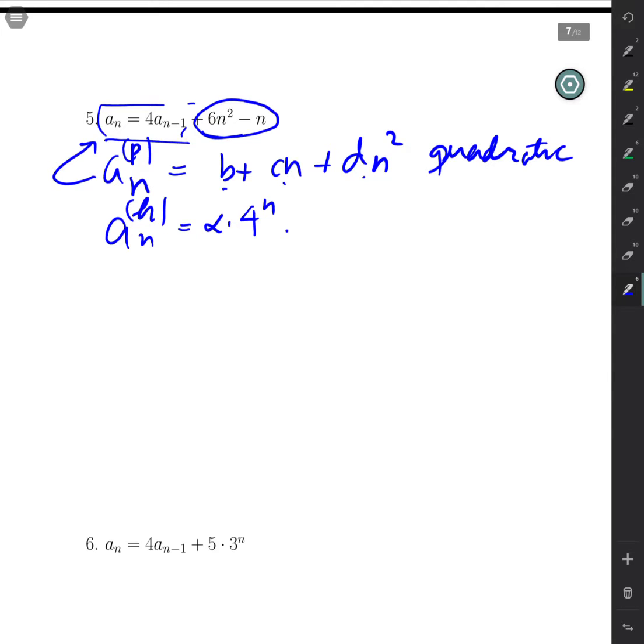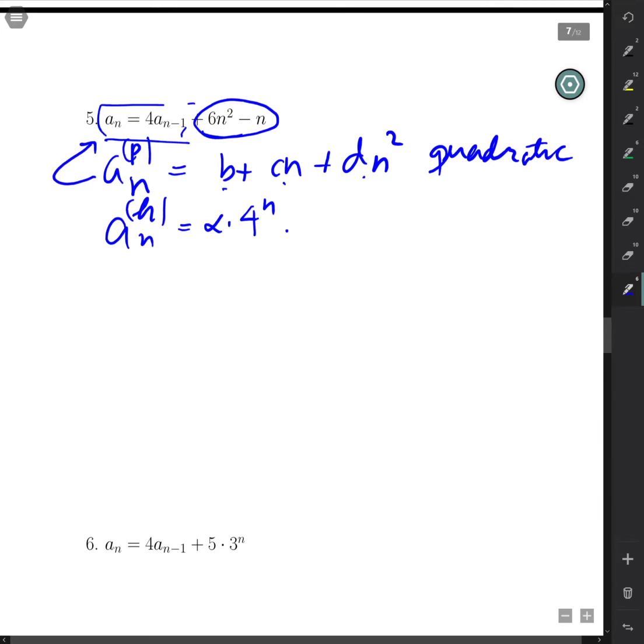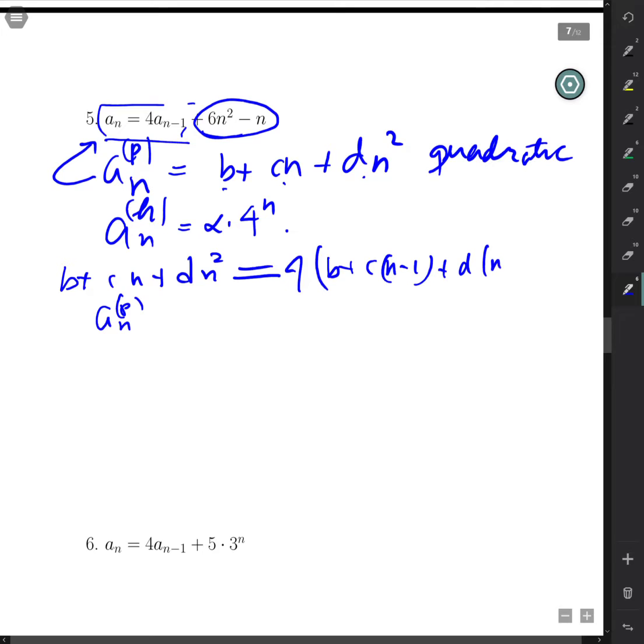You get on the left-hand side b plus cn plus dn squared is equal to, so that's a n p, that's going to be 4 times a n minus 1 p, and so that'd be b plus c(n minus 1) plus d(n minus 1) squared. Okay, we've got a square there that's going to make it a little more calculational heavy, but nothing more than that, plus 6n squared minus n.